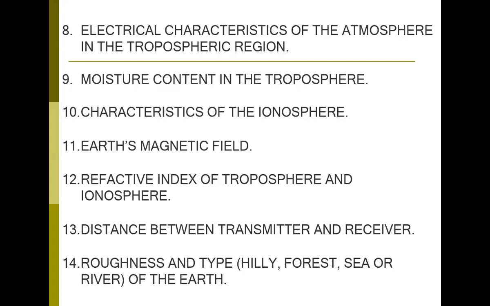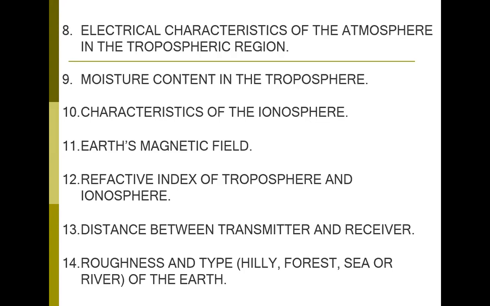Moisture content: normally you have noted that sometimes during the raining season, our mobile is not getting the signal as in the non-rainy days. So moisture also plays an important role.